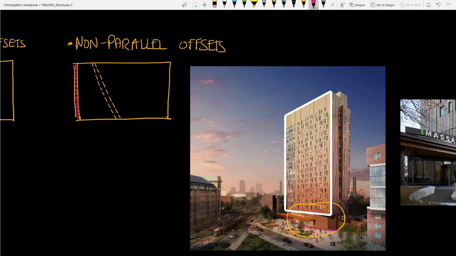This is because of a large sewer easement underneath the ground in front of the building. So the footprint for the building had to be kept to this size. That means that at this level here, we are not only transferring gravity loads, but also lateral loads across this cantilever.